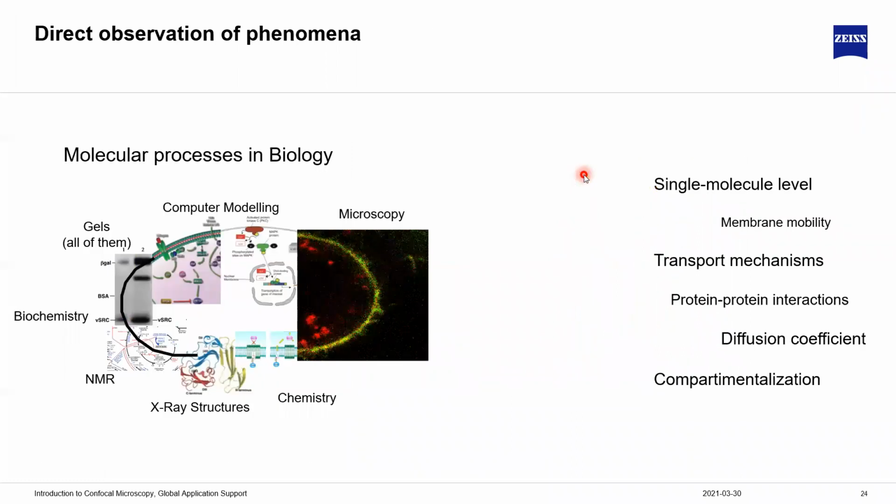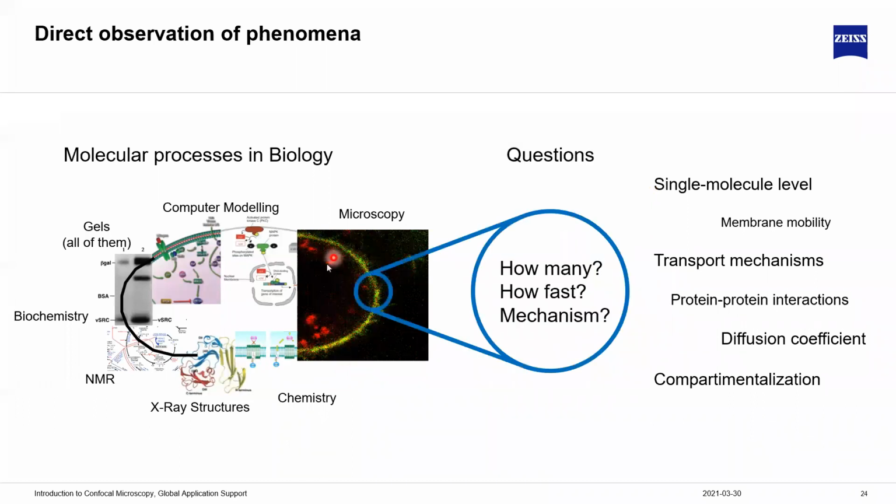Now, there are many processes in biology which we can observe or analyze with different techniques, and one of these techniques is definitely microscopy. But in microscopy, we don't always just make nice images. We can also get some numbers from microscopy. If you start asking yourself, how many proteins do I have in the membrane or in the cytoplasm?